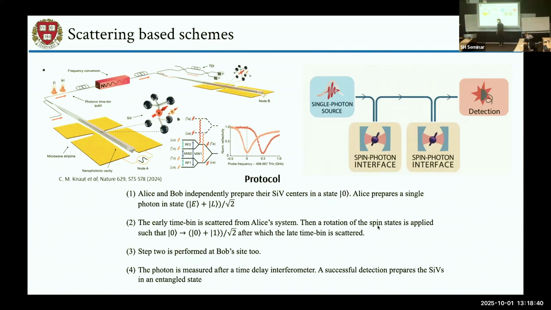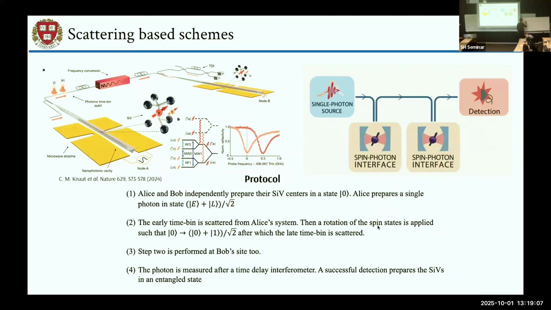So let's just quickly see what happens here. And don't worry, you're off the hook. I'll just show it real quick. So I come in with a photon in early plus late, and I start with just the 0 state from Alice. I'm going to scatter the early one, okay?